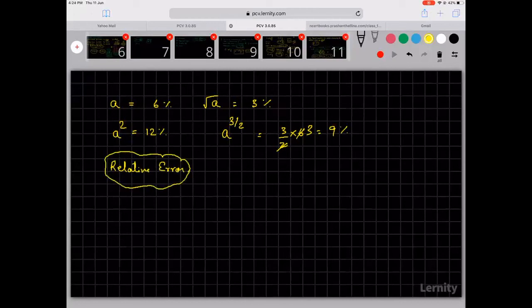Whenever we add or subtract quantities, it is not relative, but it is only absolute. But in your syllabus, they won't ask you addition and subtraction. They will ask you only multiplication of quantities. So you should know what is the error when quantities are being multiplied.